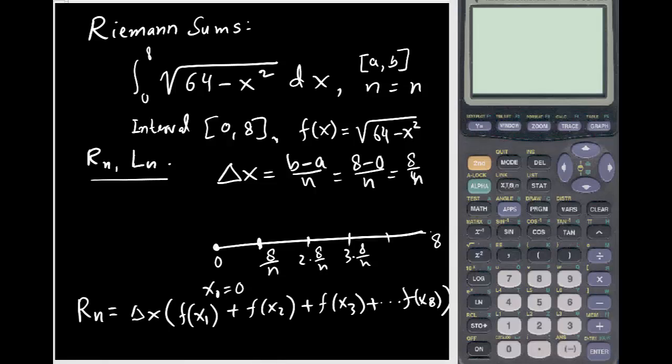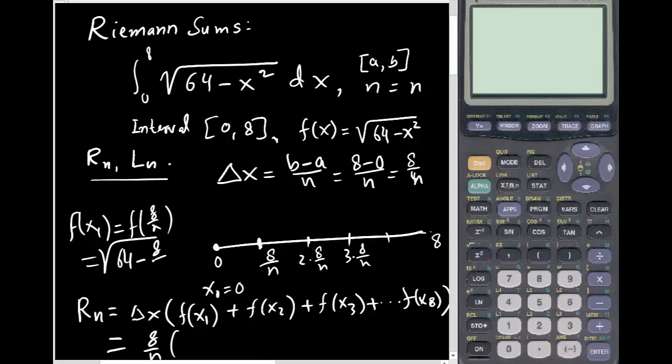So if we continue in this fashion, then we see our delta x is 8 over n. Now x1 is 8 over n. So we need to figure out what is f of x1 or f of 8 over n. Your function is here, so you can easily see that this will be 64 minus, my x will be replaced by 8 over n squared.